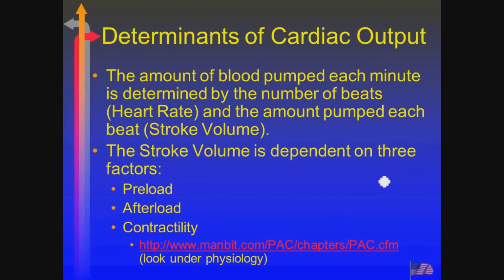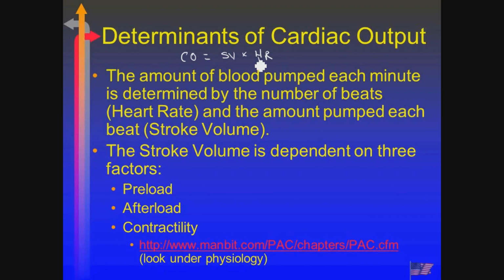We said cardiac output is stroke volume times heart rate. Well, heart rate's pretty easy to figure out. We know that we have an intrinsic pacemaker within the heart, which is the SA node, and it fires at a rate of 60 to 100.